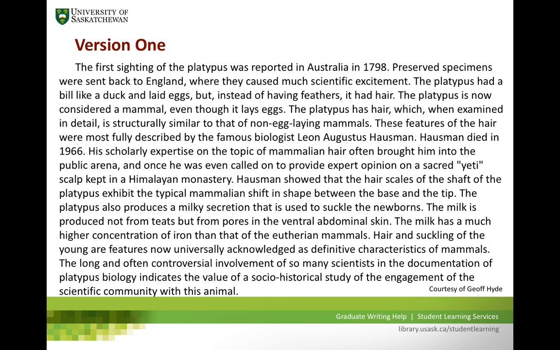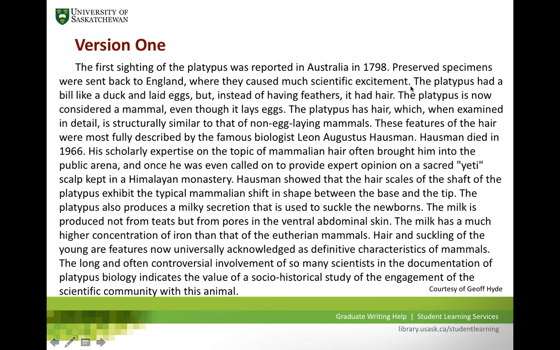The purpose of the piece is really unclear, partly because the topic sentence isn't really identifiable. And this was the next question that I had. Where is the topic sentence? Well, it's pretty hard to find. This is presumably a sort of context sentence: the first sighting of the platypus was reported in Australia in 1798.